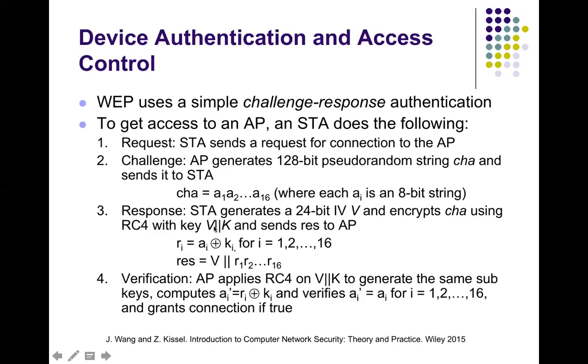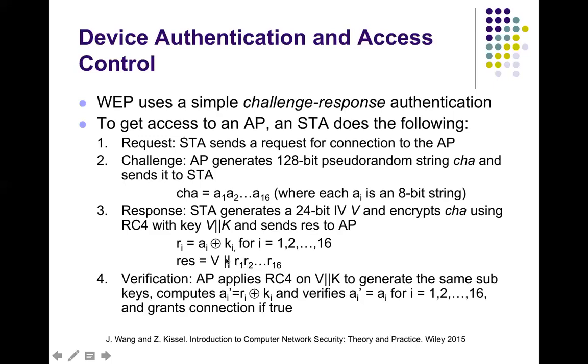So for this V, okay? And the response this STA sends back to AP is the following. It has the initial vector followed by 16 bytes, also a 128-bit string.